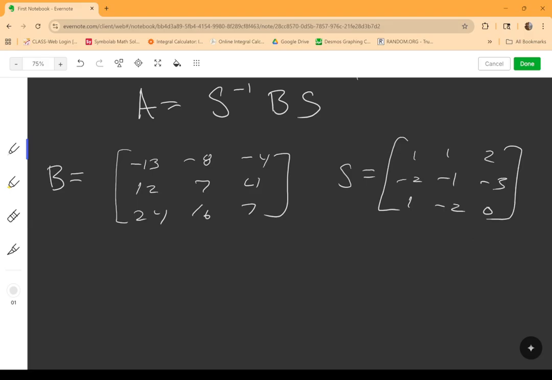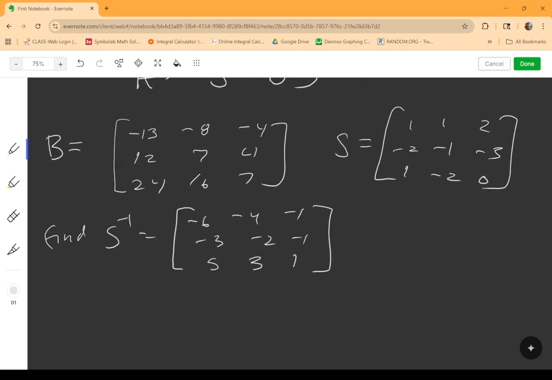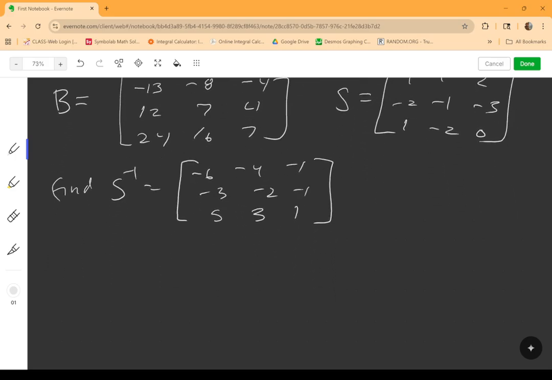From there we find S inverse, and this turns out to be -6, -4, -1, -3, -1, 5, 3, 1.